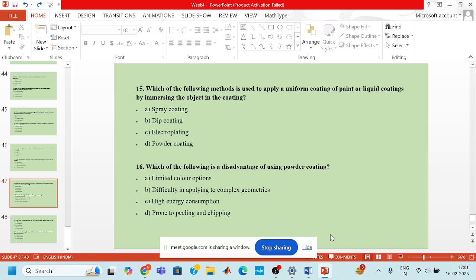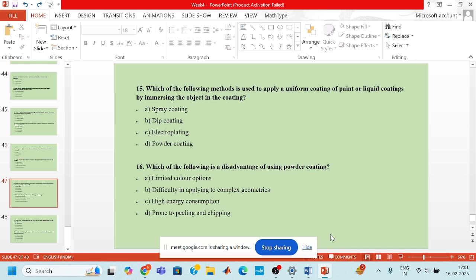Dip coating. Anyone else? Spray coating. Okay, the correct option is B, dip coating.